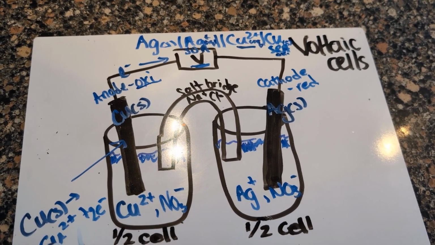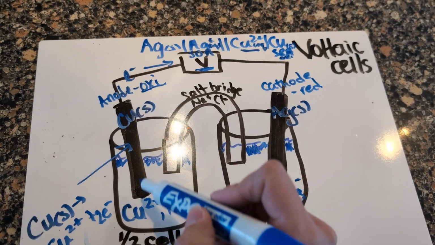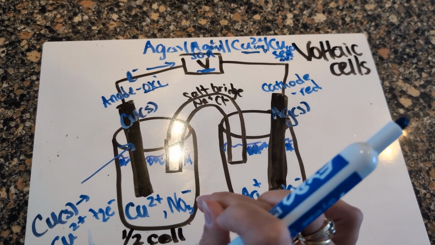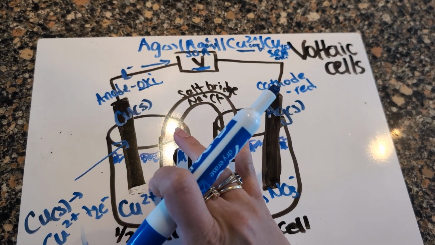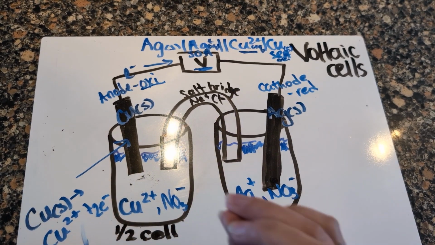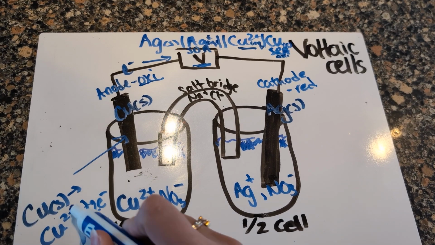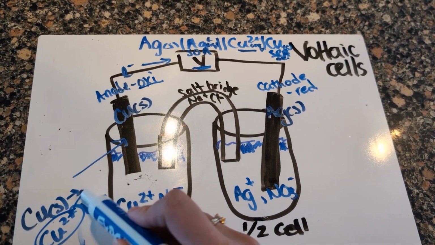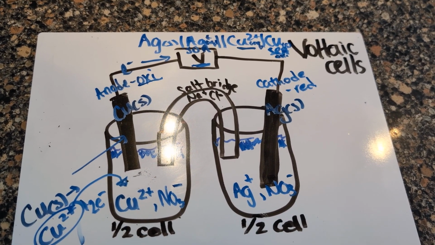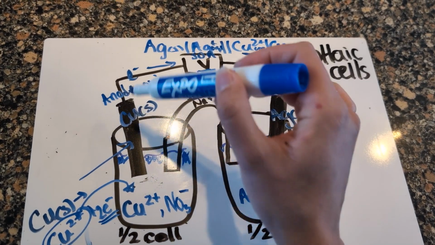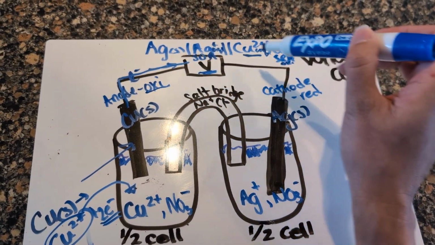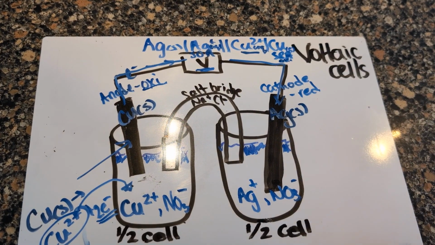So when this breaks apart, the copper solid would be losing mass. So as it's breaking apart, this anode would be getting smaller and smaller. It's losing mass. So this copper 2 positive has to go somewhere, so it will go into this solution, and those electrons will be what's moving from the anode over to the cathode.